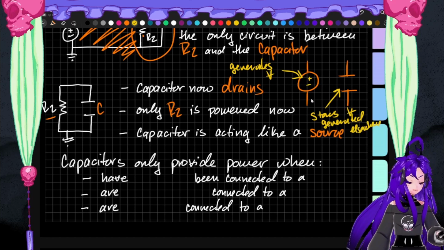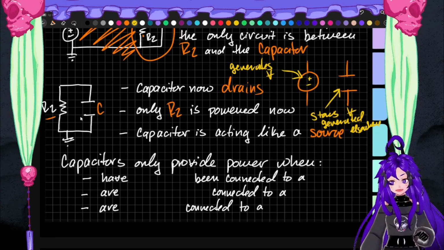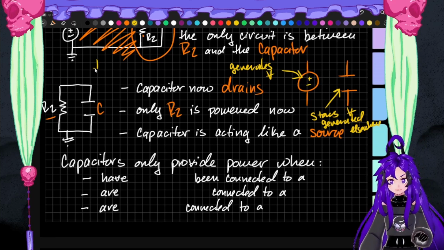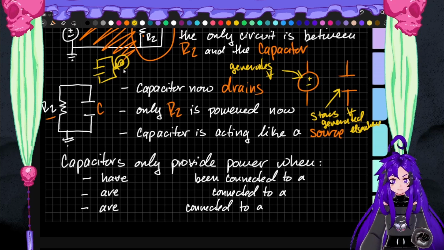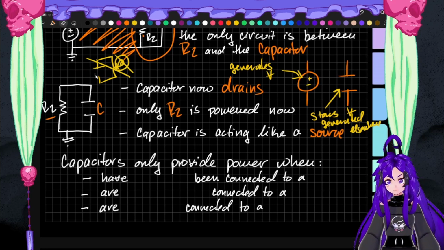So, if you started with this, nothing's going to happen. This capacitor cannot do anything with this resistor. If you had a capacitor and a light bulb, this light bulb is dead. This circuit is inert. It doesn't do anything because this capacitor has not been filled yet.